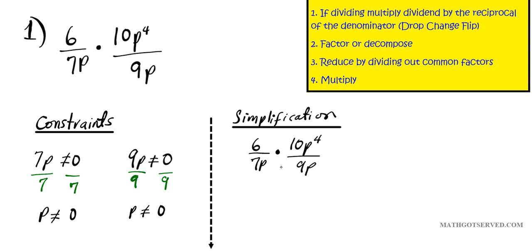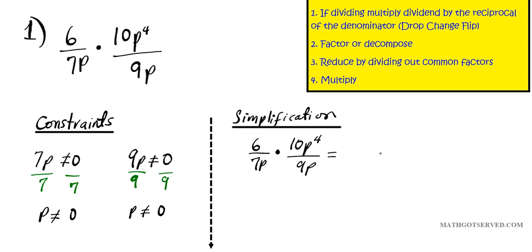We do not have a division here. This is a multiplication problem, so we're going to advance straight to step 2, which is factor or decompose. So we're going to be decomposing composite numbers or polynomial terms here, since we do not have polynomial expressions that are factorable.